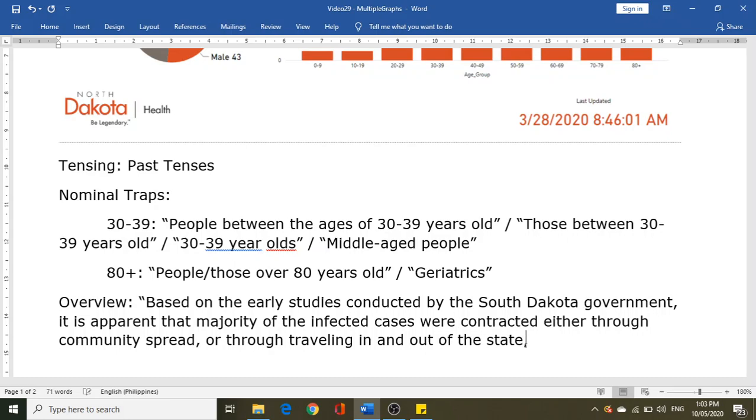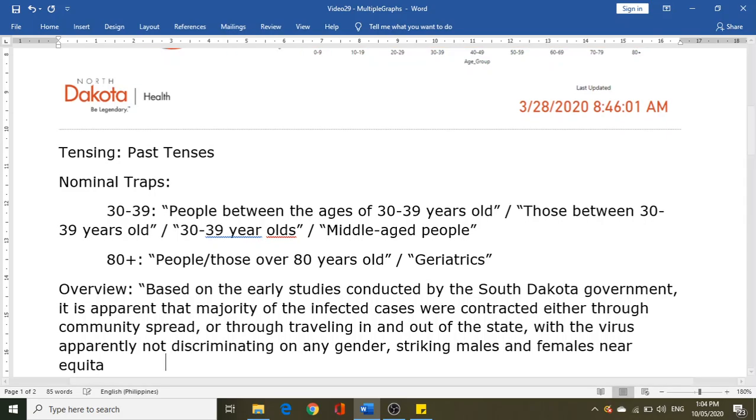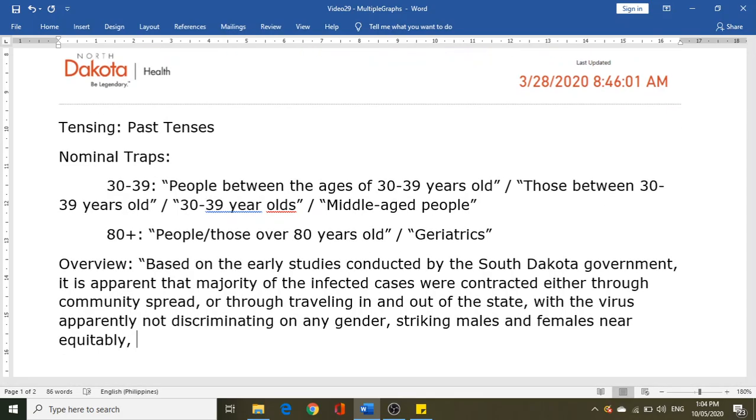So that's for the table. And with the virus apparently not discriminating on any gender, striking males and females near equitably. That's for the pie chart.